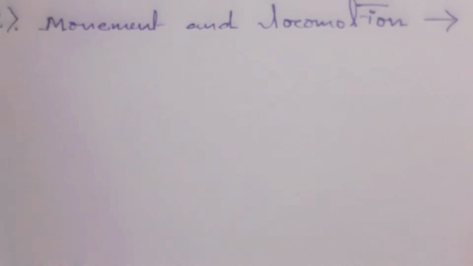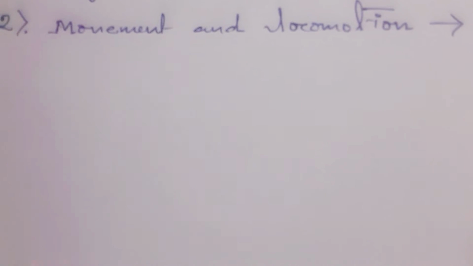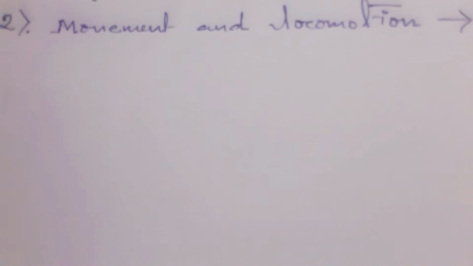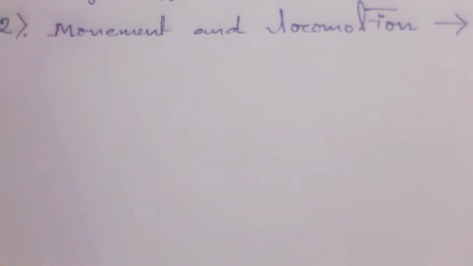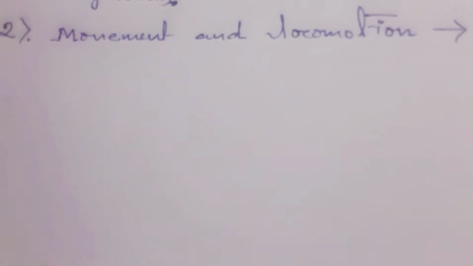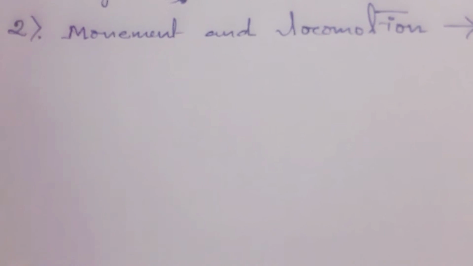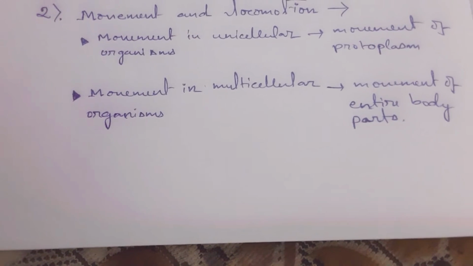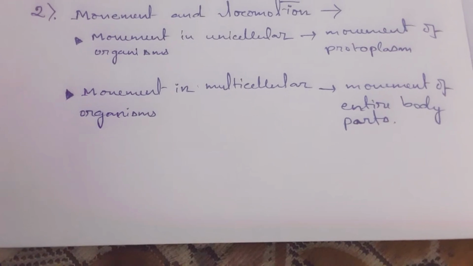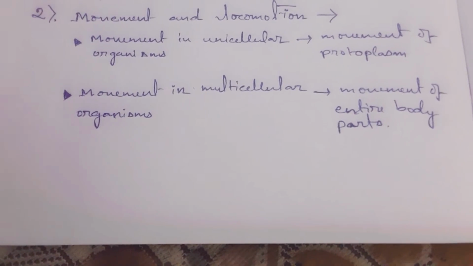But in multicellular organisms, the protoplasm does not move, but they move their parts. Like us humans, we move our hands and legs, but that does not mean we are moving the protoplasm itself. We are moving entire parts. You see the difference? So movement in unicellular organisms means movement of protoplasm, and movement in multicellular organisms means movement of entire body parts.